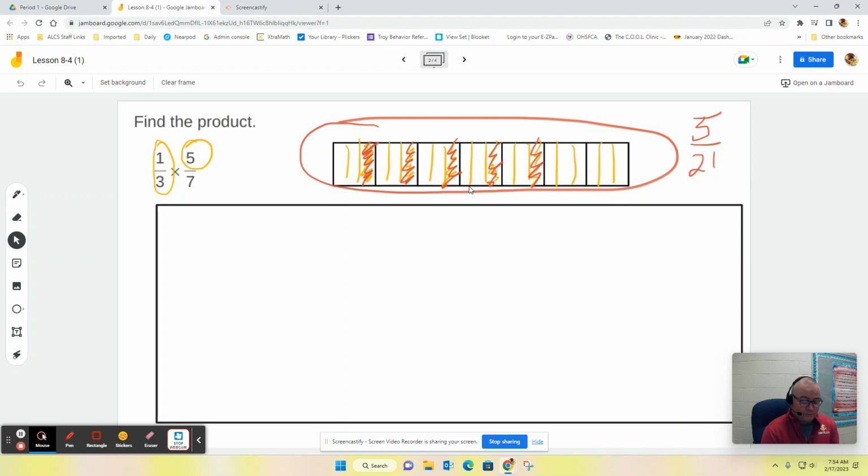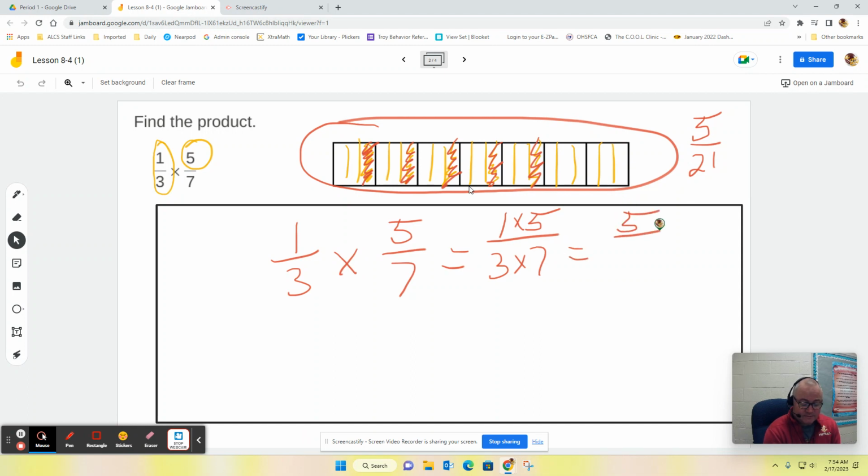So what we're doing here, math-wise, is simply taking a fraction and multiplying it by another fraction, which is the same exact thing as saying 1 times 5, all divided by 3 times 7. Well, 1 times 5 is 5, 3 times 7 is 21. That's the math behind it. The model just gives us a picture of what we are doing.